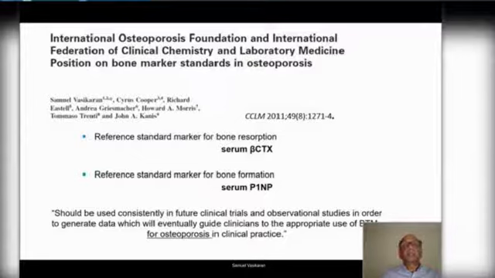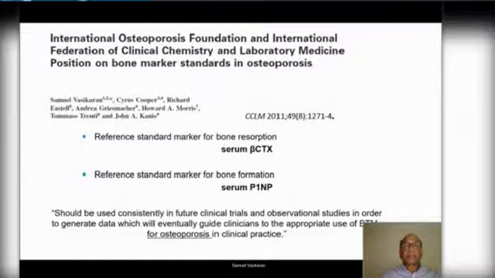The reference bone turnover markers in osteoporosis were designated by IFCC in conjunction with the International Osteoporosis Foundation in 2011. The reference standard marker for bone resorption was designated beta-CTX in blood, and the reference standard marker for bone formation is serum P1NP.